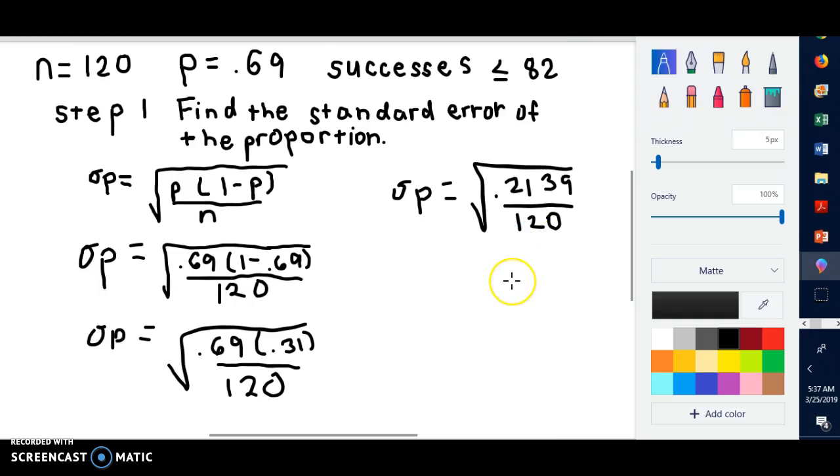If you do 0.2139 divided by 120, you're going to get a long number. I'll write as much as I can, but I leave that number in my calculator, and I just take the square root of the whole number.